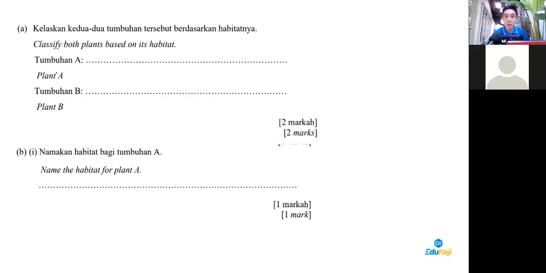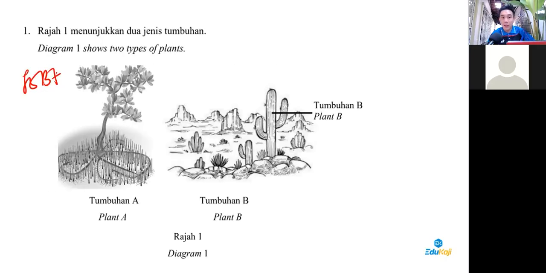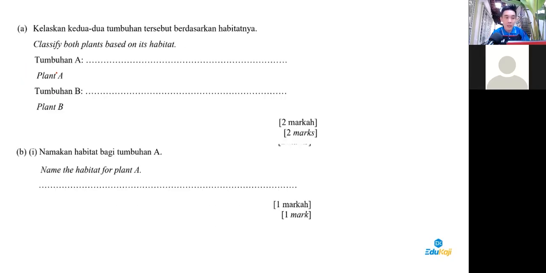Based on the question, you can see that plant A is a mangrove plant, which is why it is a halophyte, while plant B is a xerophyte because it is a cactus.